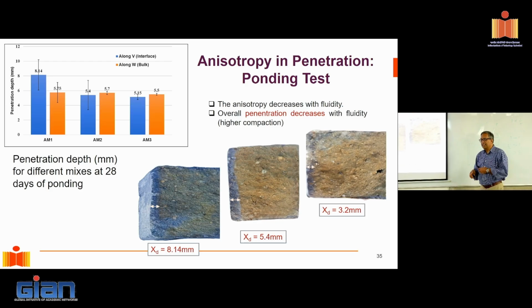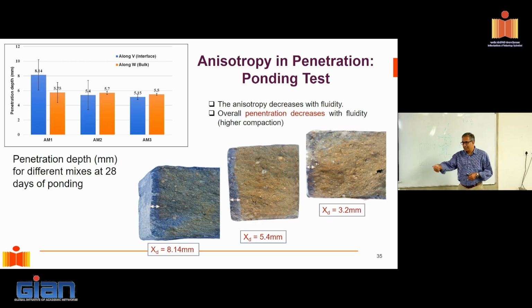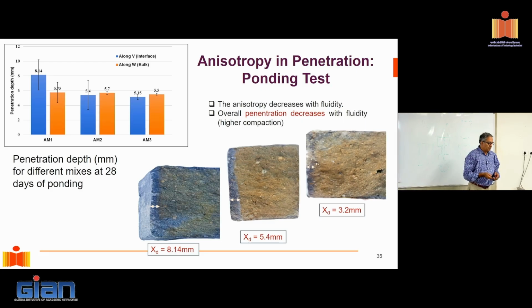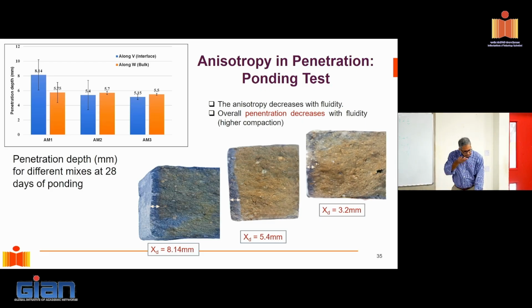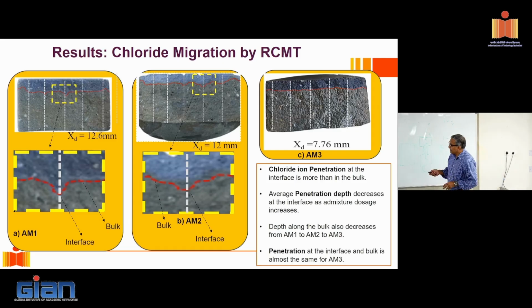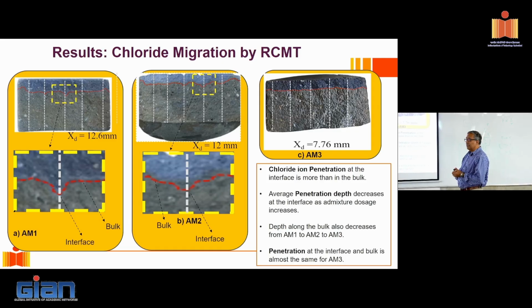So not only is the interface weak in tension, but it also allows preferential ingress of ions. Then we also did the RCMT test, and the same thing, you see that we start getting this preferential penetration that happens through the interface.